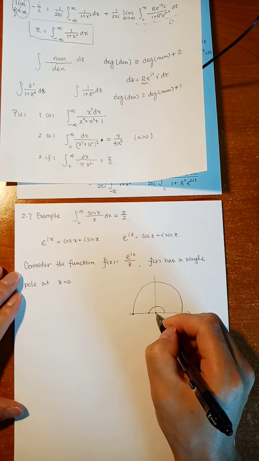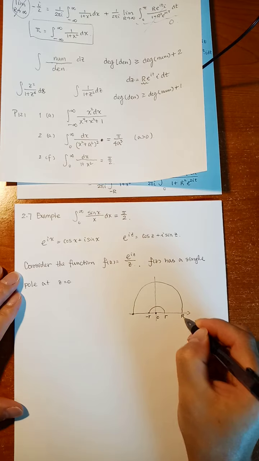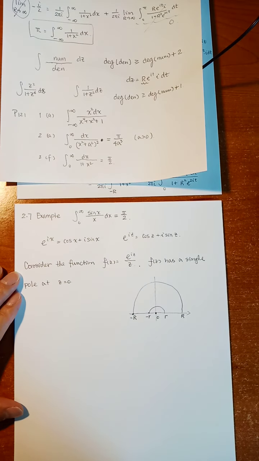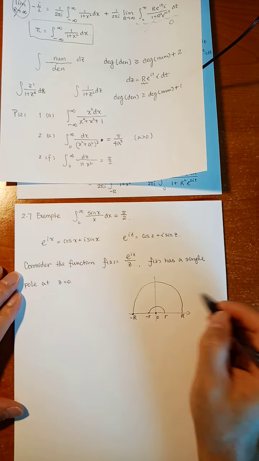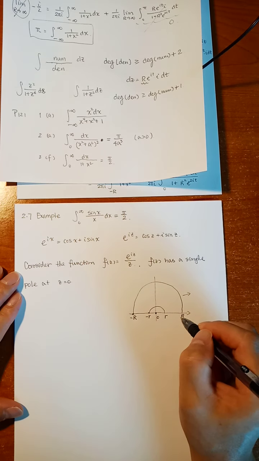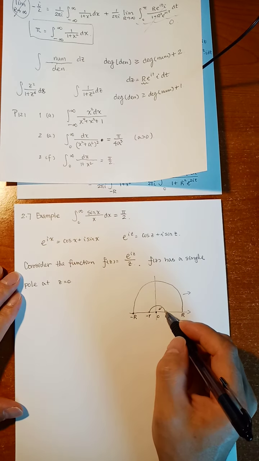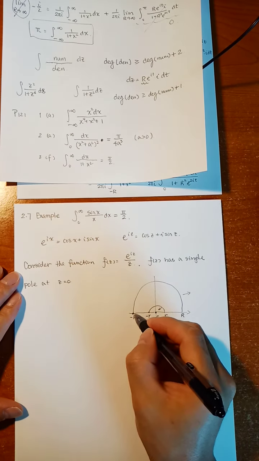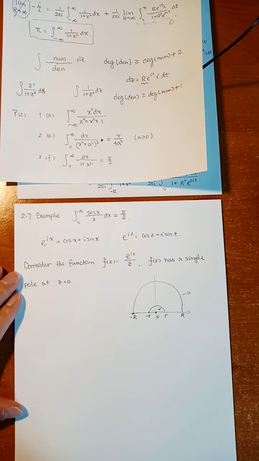The pole is here. This is 0. So we're going to do a large semicircle and a small semicircle. We'll make the larger semicircle larger and larger, and the small semicircle smaller and smaller. But this whole path does not enclose any pole.